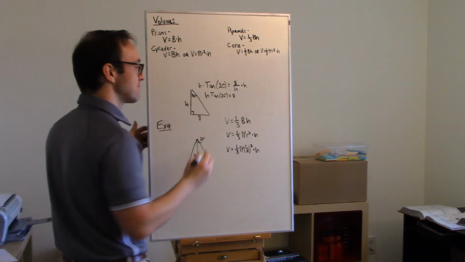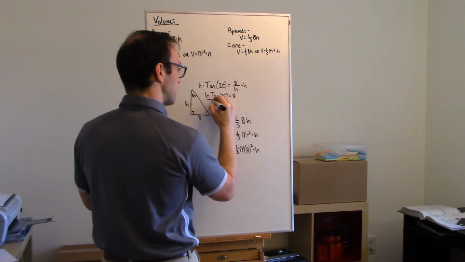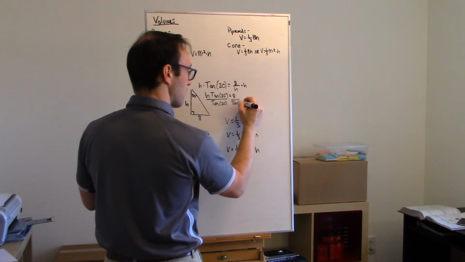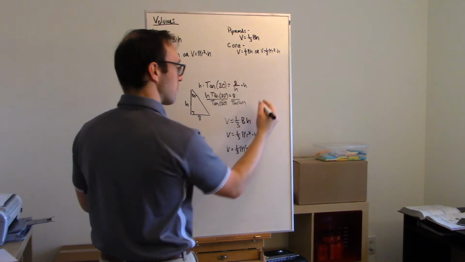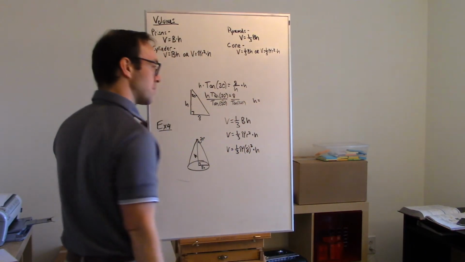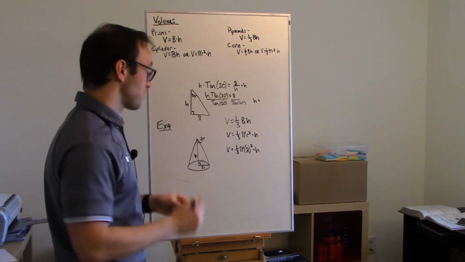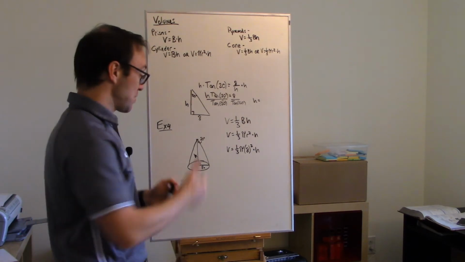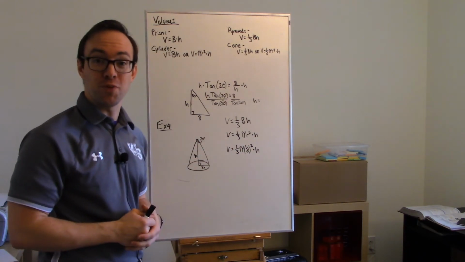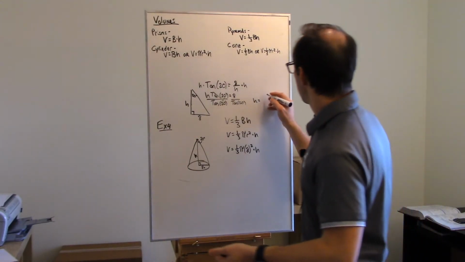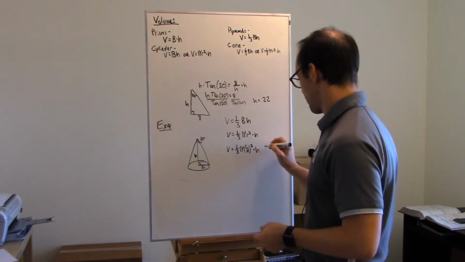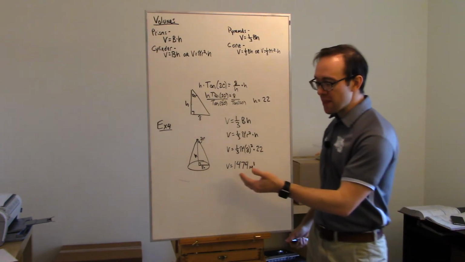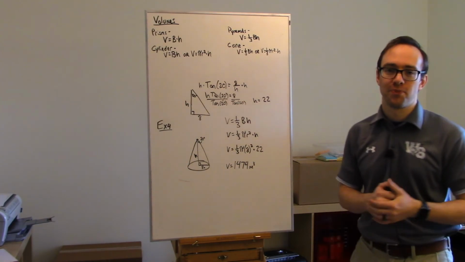Multiply h to the other side. Divide the tangent of 20. And 8 divided by the tangent of 20 will be our height, and we'll plug that into the volume formula, which, when rounded, is 22. And then when you calculate that, you will get a rounded answer of 1,474 meters cubed.